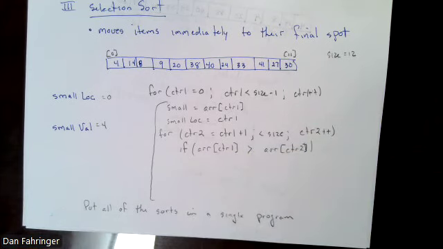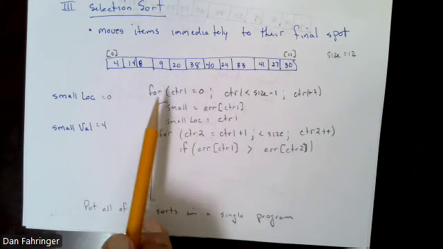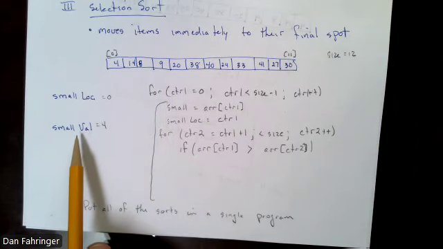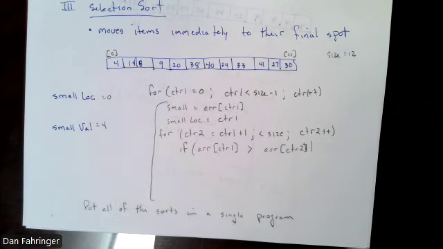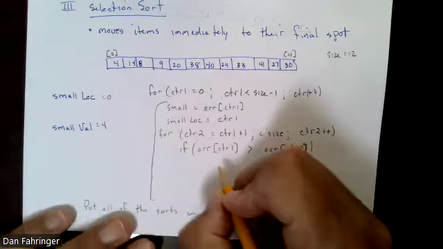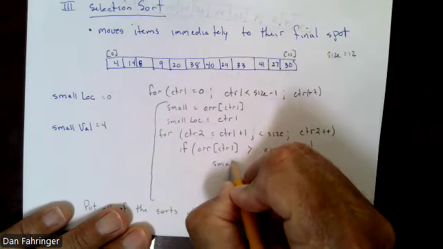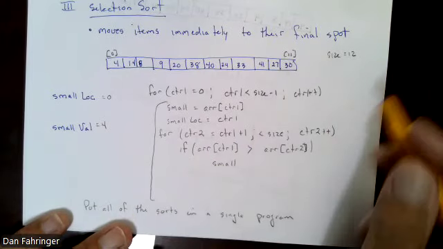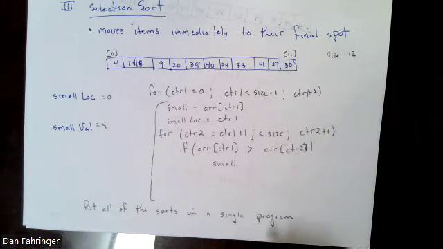What's going to happen? They'll swap. We're not swapping them. We're only storing until the end. We're changing the small location. Yeah, small is going to get a new value. So maybe up here, I should change this guy.